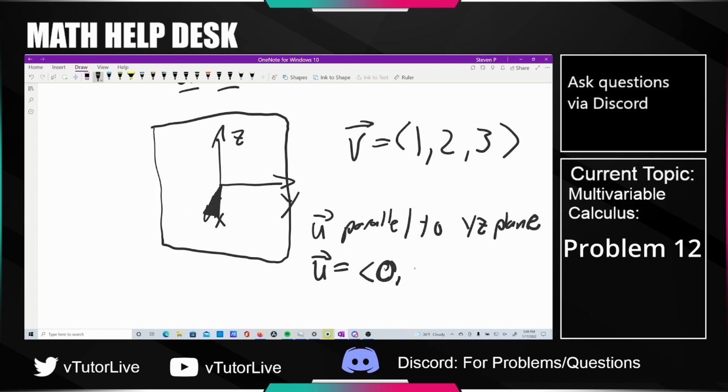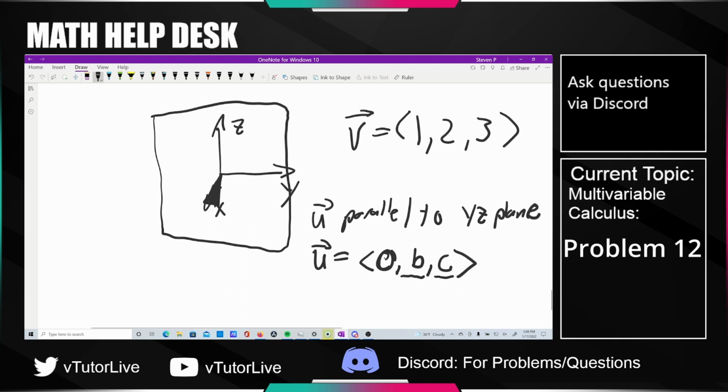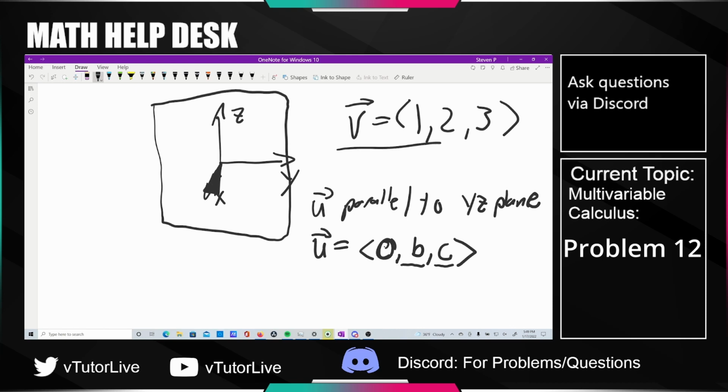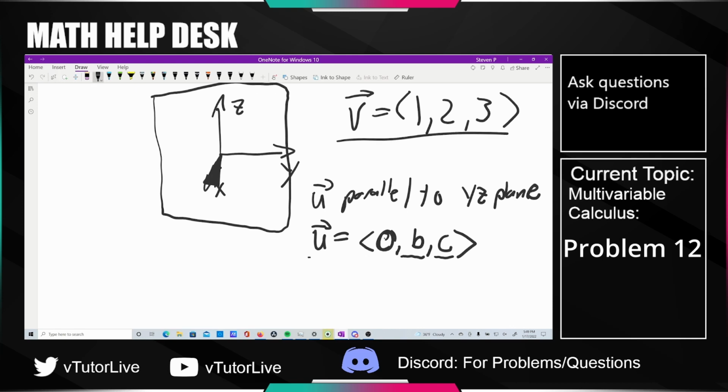But then the Y and Z components, we're not sure yet, so let's just call those B and C. Now, what they're saying is it needs to be perpendicular to vector V, which again was 1, 2, 3. So the idea is we need to dot these two things together and choose a value of B and C that make the whole thing 0. Does that make sense? Yes, it does.